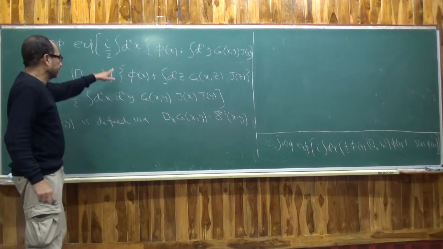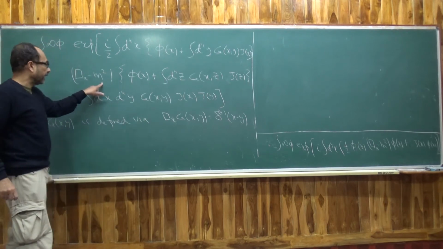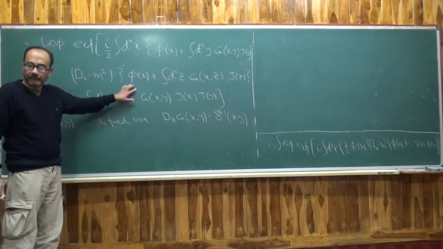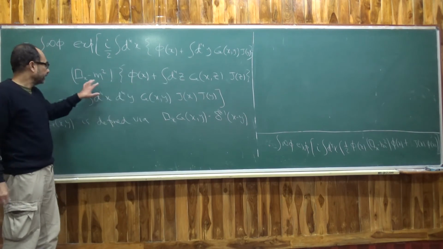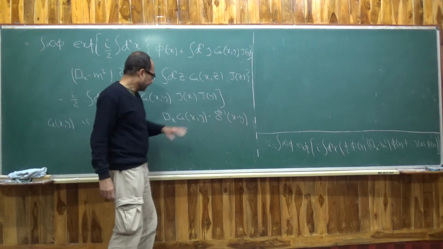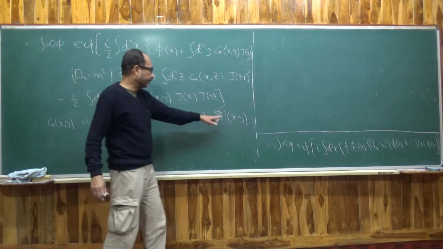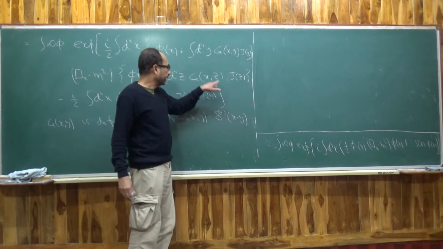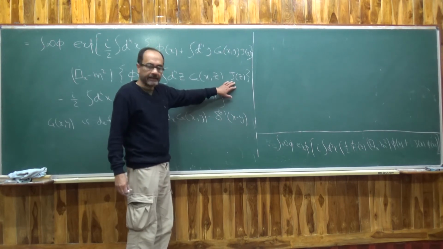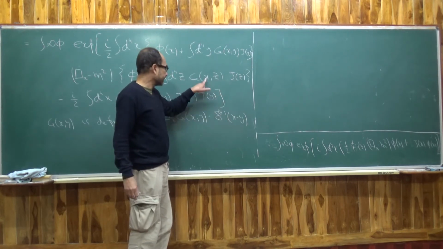So basically what you have to use is the fact that box x minus m square on phi of x is just box x minus m square phi of x, you don't do anything here. When this acts on g x z, it produces a delta function, delta 4 of x minus z. So this integral becomes delta 4 of x minus z jz, so that's just g of y, g of x.